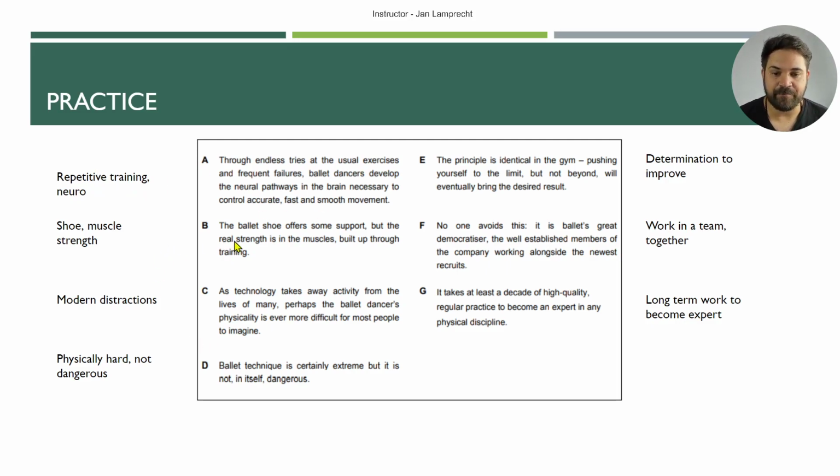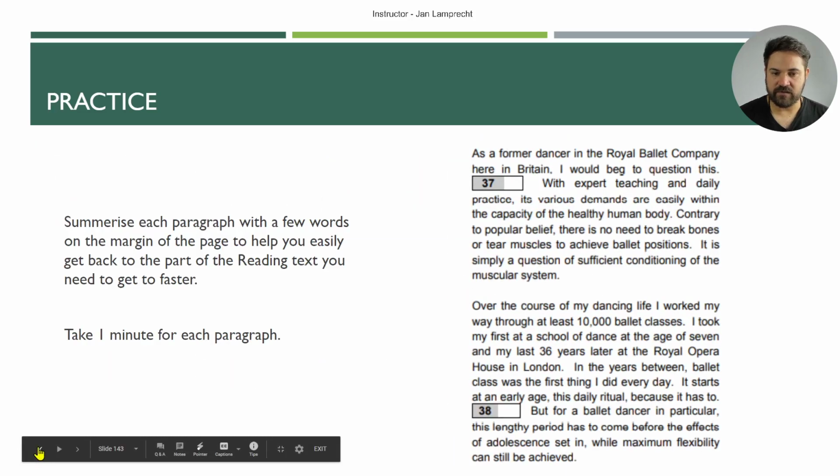When I look at B, the ballet shoe offers some support, but the real strength is in the muscles built up through training. So: shoe, muscle, strength built up through training. You would carry on and do the same with the other options. Remember that there are extra options that we don't need. Okay, so I believe, one moment.